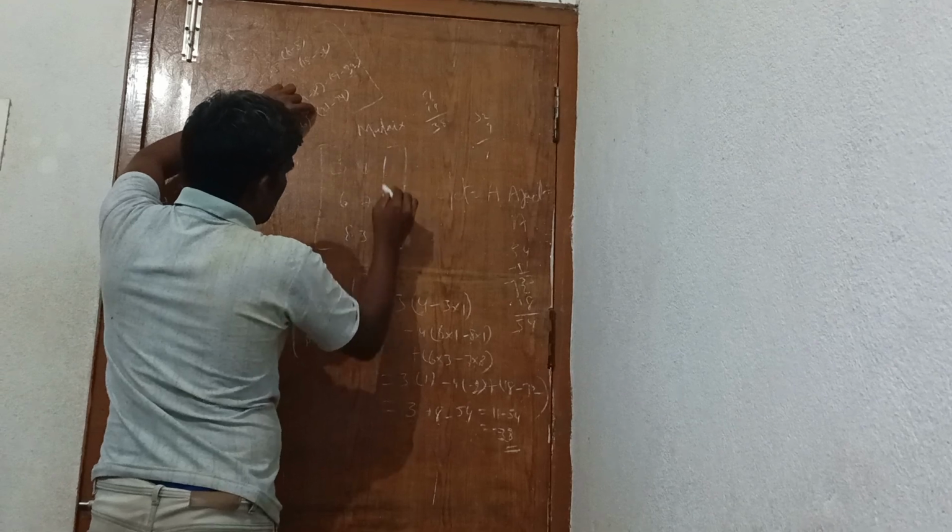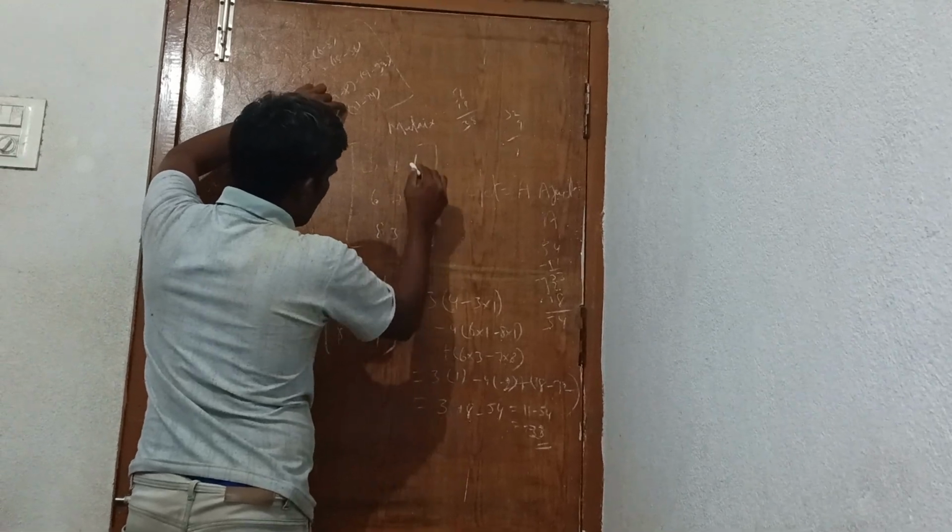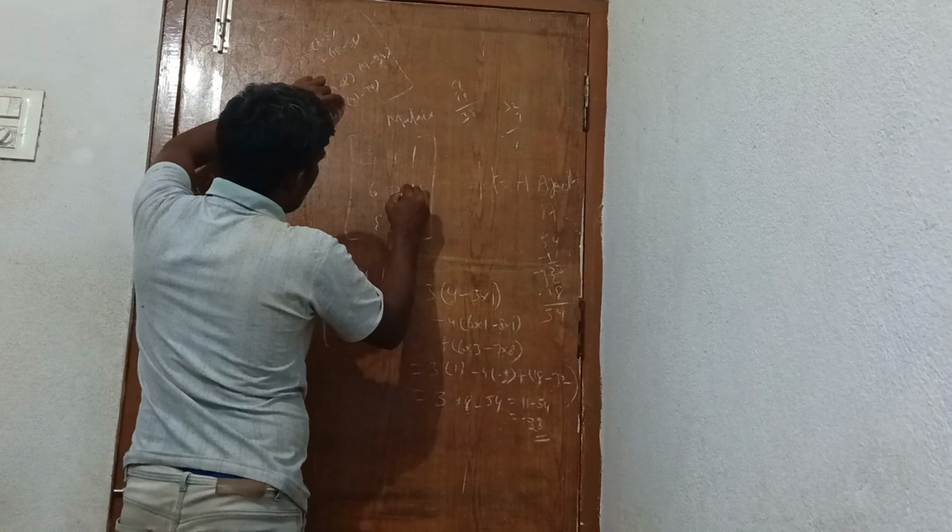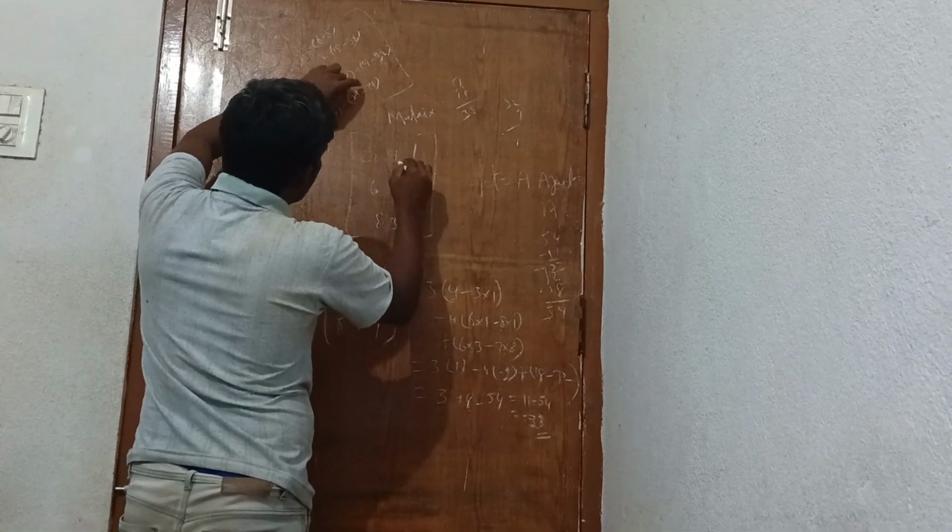Next one this value this is cancel. 7 3 minus 6 and 4.